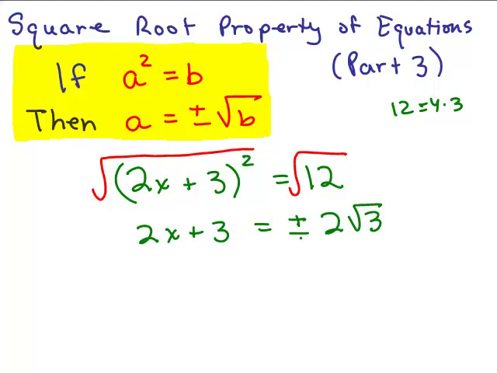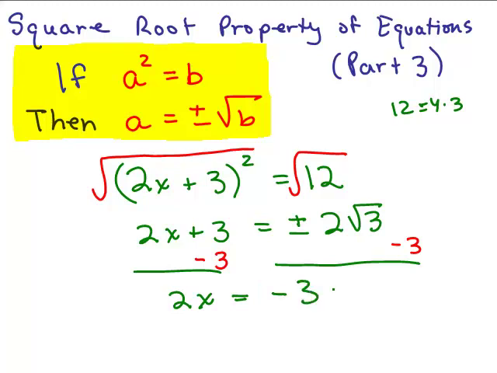You can go ahead and solve this problem keeping the plus or minus all the way through if you'd like. So first I'm going to subtract 3 from both sides, but notice the way I'm going to write the negative 3 on the right hand side. We usually write it in front of the plus or minus. So I'm going to write negative 3 plus or minus 2 square roots of 3.